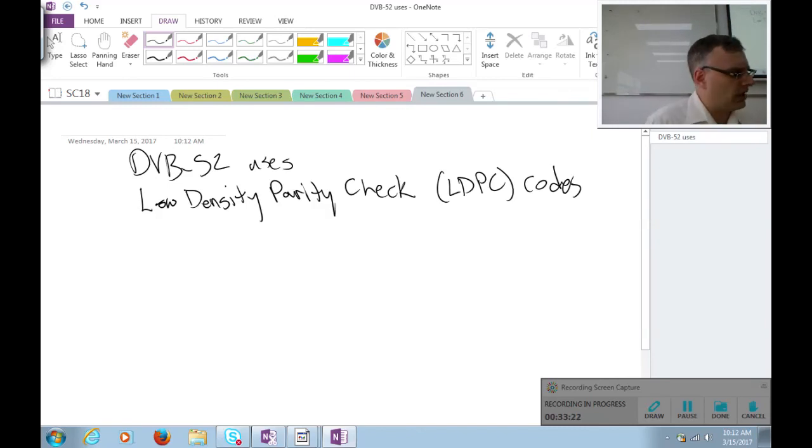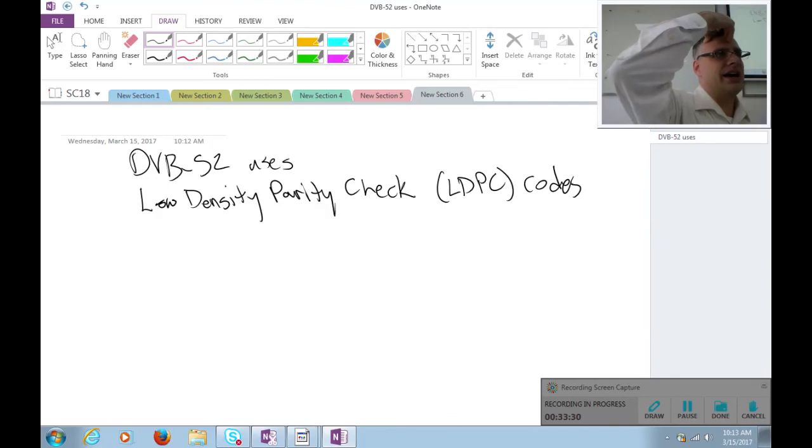And these were actually invented back in the 1960s by a PhD student, Robert Gallager, I believe his name was. He did his PhD dissertation on these types of codes. And then people forgot about them because you couldn't build them. They were too complicated.